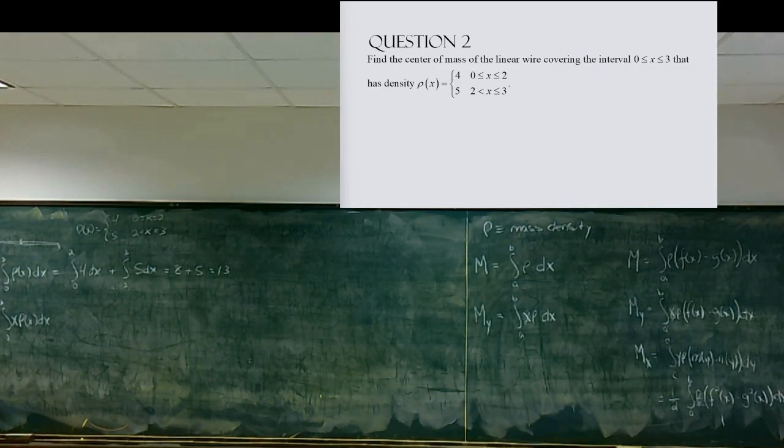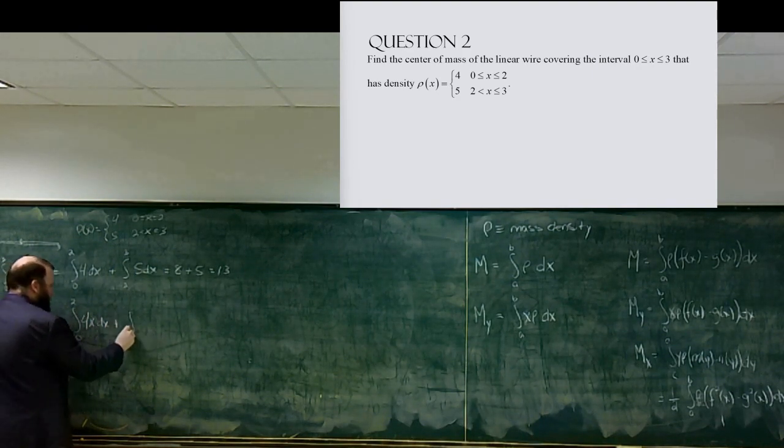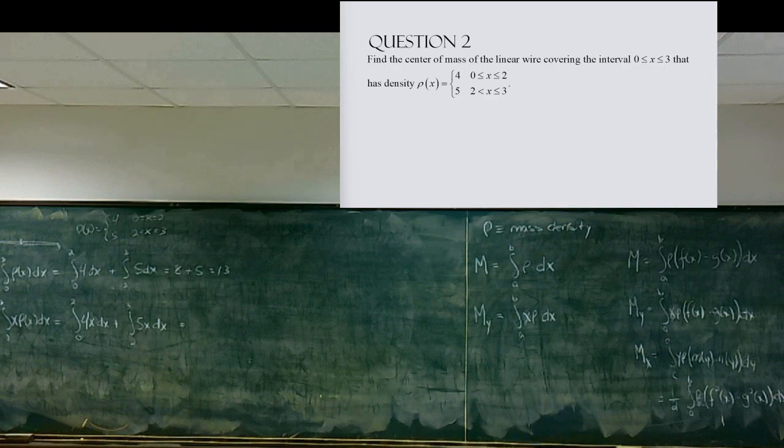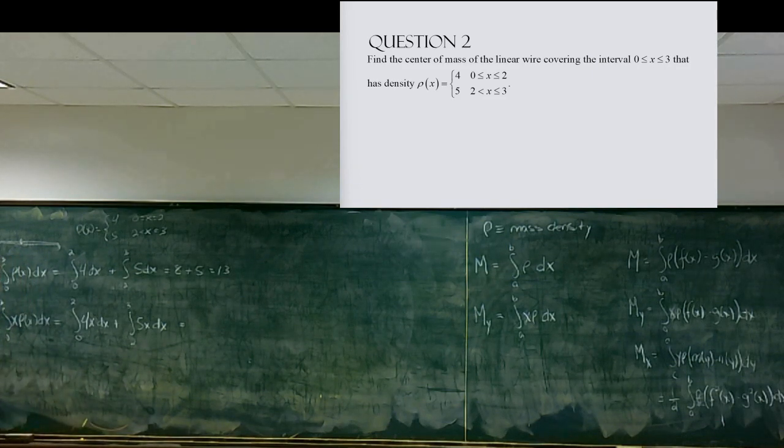Y moment, the integral of x times the density. Which means, again, split it. That's 2x squared from 0 to 2, so x squared from 0 to 2 is just 4.